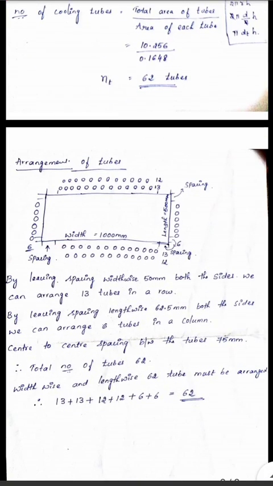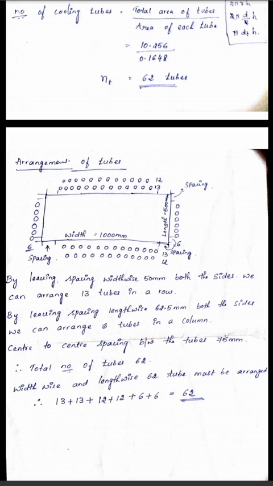I am writing them in millimeters, because all the spacing values are in millimeters. 75 mm is the spacing. So 1 meter is 1000 millimeter, and 0.5 meter is 500 millimeter.